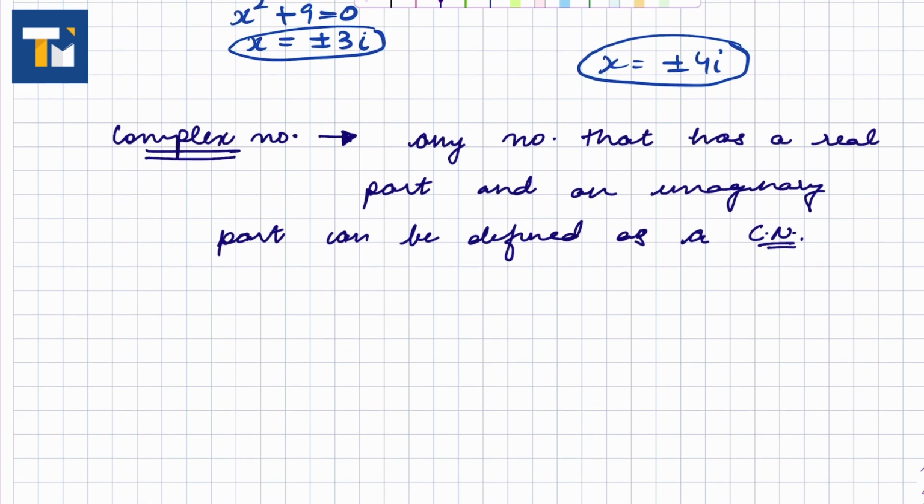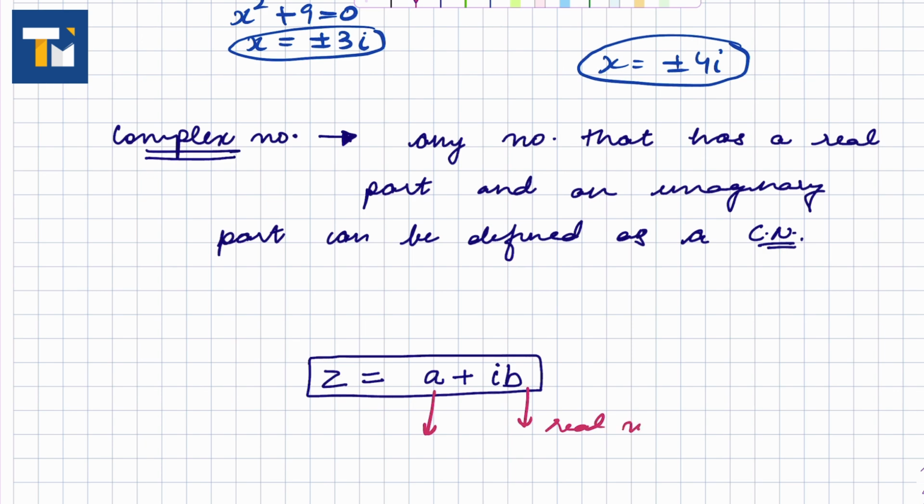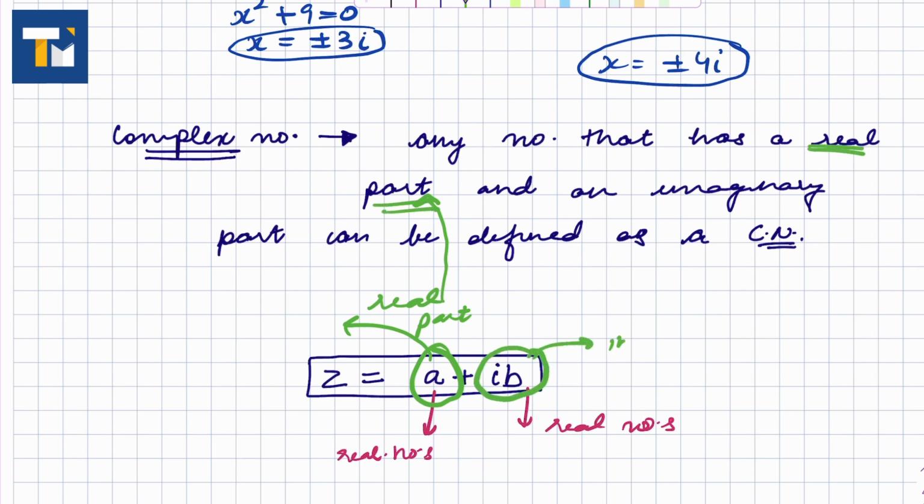So look at this. Let's say we have a number and we are calling it number z. So it is a plus iota b. Here we have a and b as real numbers, where a is our real part of the number, as talked about in the definition, and iota b is our imaginary part, as talked about in the definition.